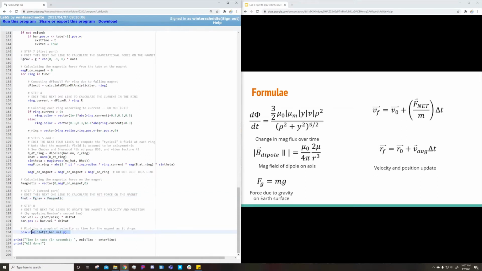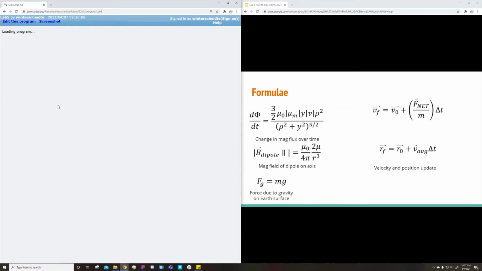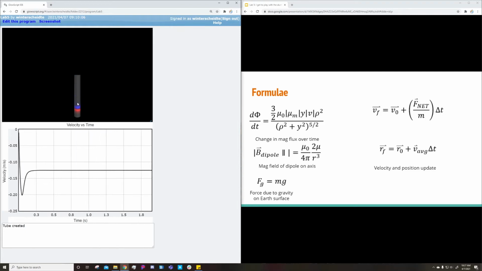And then we go ahead and plot it, and when we run it, we can see the magnet falls through the tube, and we get this nice graph.